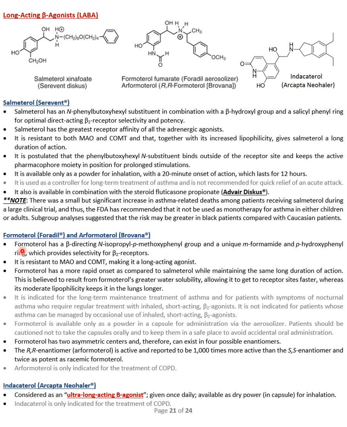Okay, the next example is formoterol, sold under the name Foradil, or R-formoterol. R here stands for the isomer of formoterol, as we'll see here. So let's look at the formoterol structure.